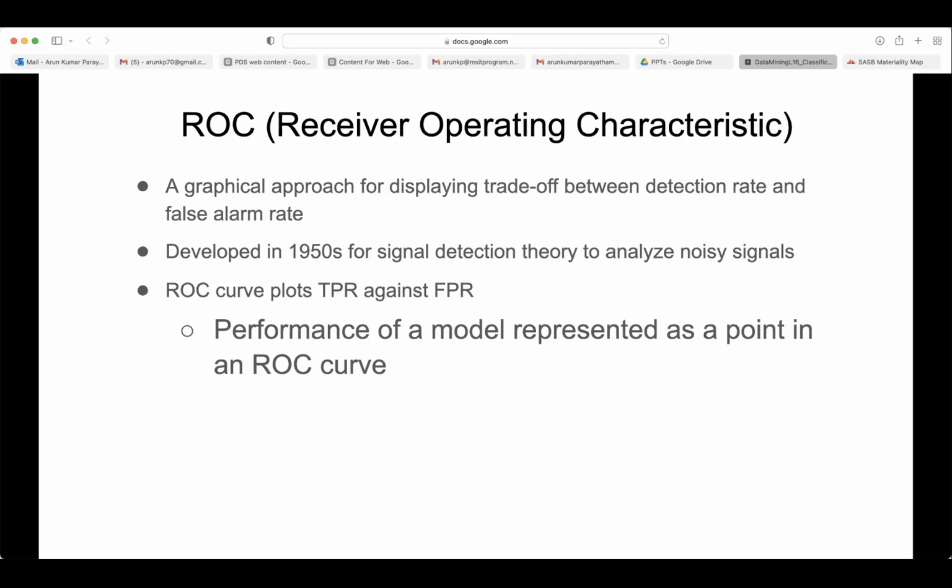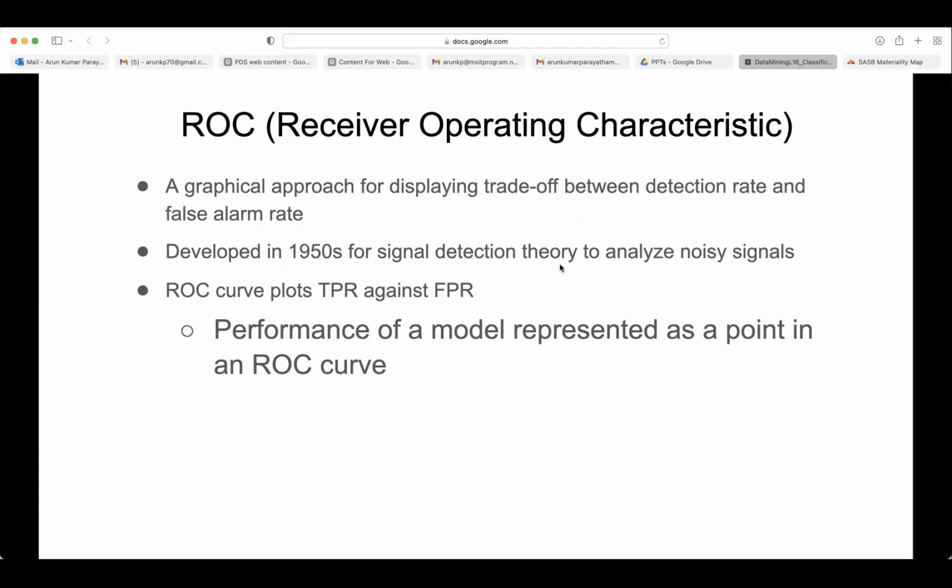So one more important thing for classification algorithms, they use ROC curves, receiver operating characteristic. This is a graphical approach for displaying the trade-off between detection rate and false alarm rate. So how many you are detecting correctly, but how many false alarms you are also getting, that is called false alarm rate.